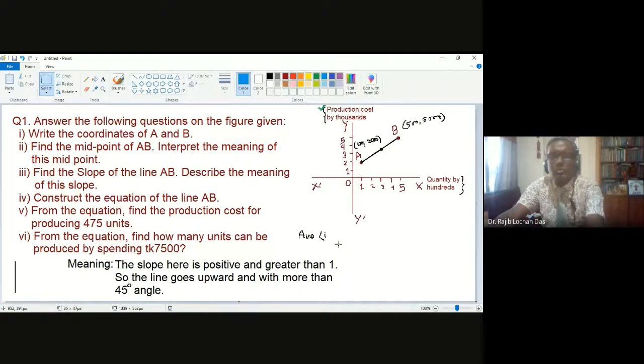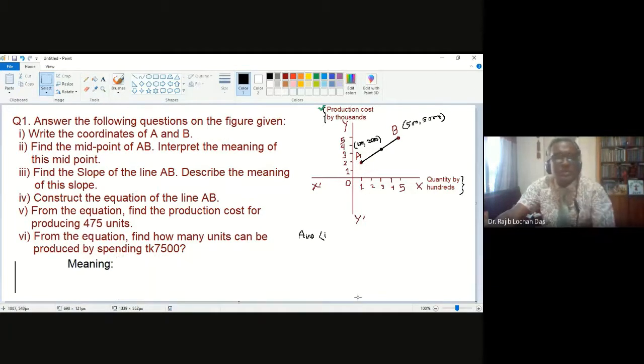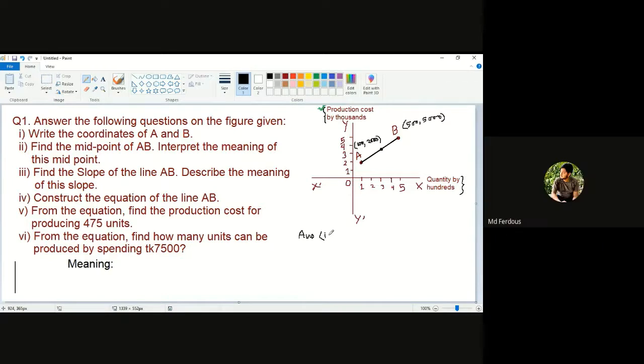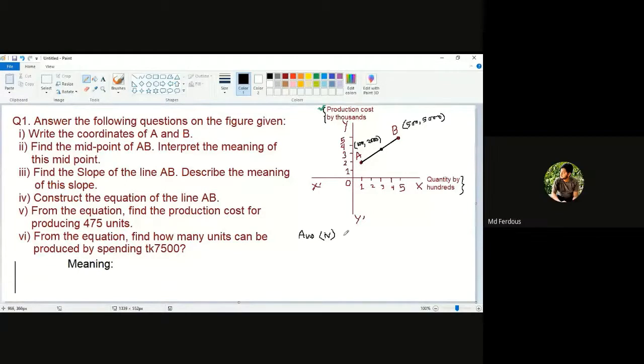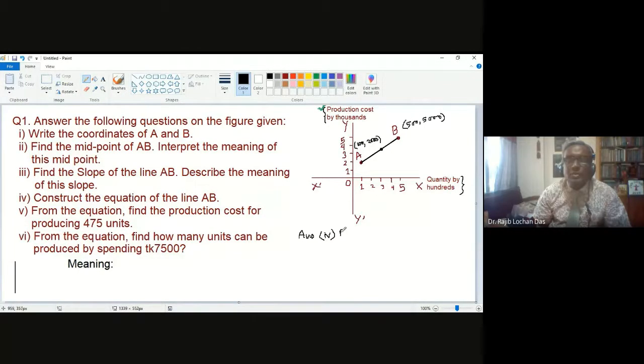So which formula do you want to apply for the next question? Sir, anyone, sir. No, anyone is not a decision. What is the choice? What is the decision? Sir, I think the 2-point equation will be easy. Okay, so use that.